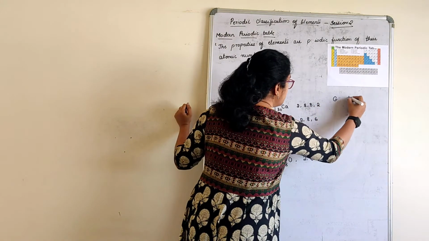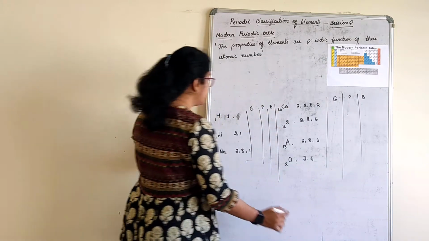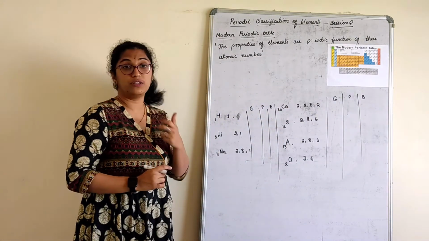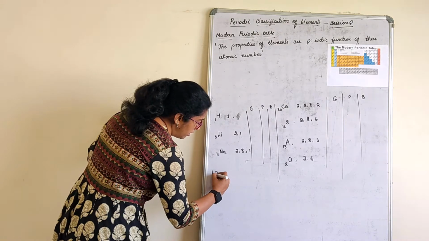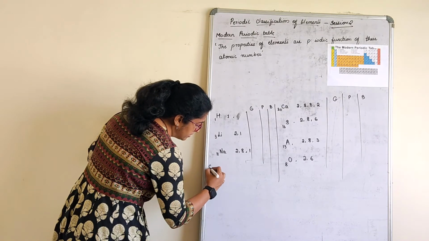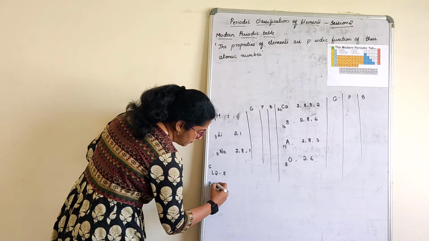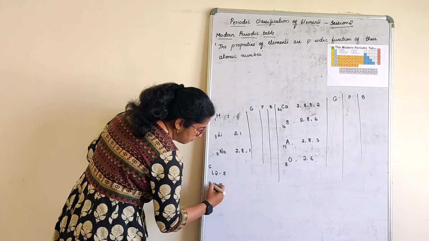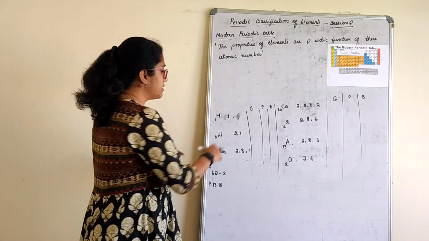Similarly here: group, period and block. Let's understand which group and period they belong to. Before that, I will just write: all group 1 and 2 elements belong to S block. Then what is P block? Groups 13 to 18 belong to P block. Just remember these two things.